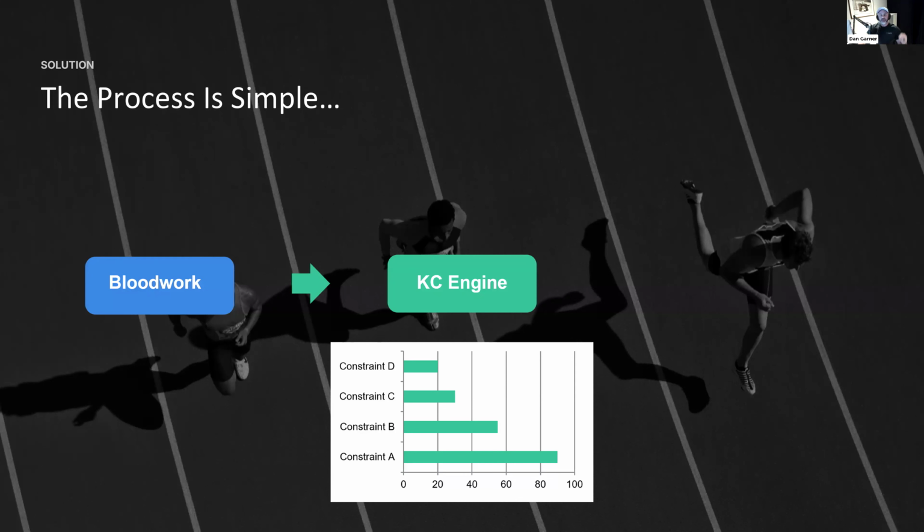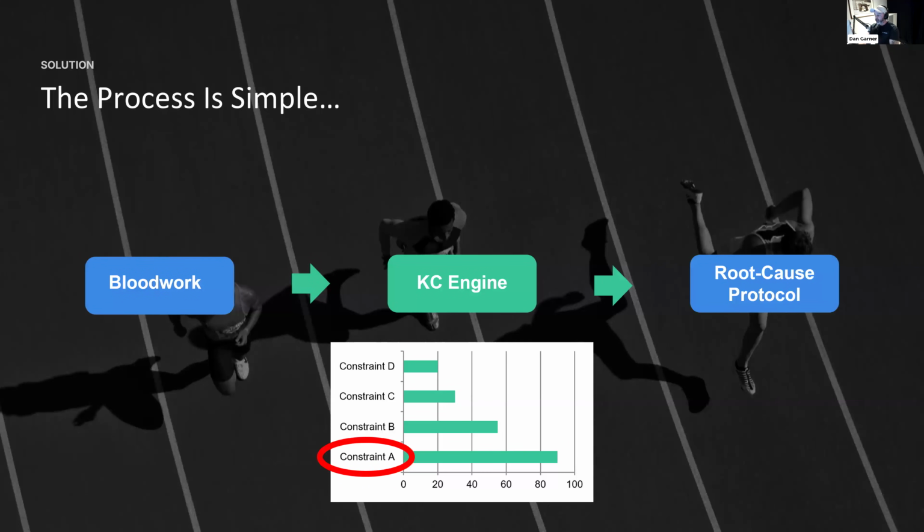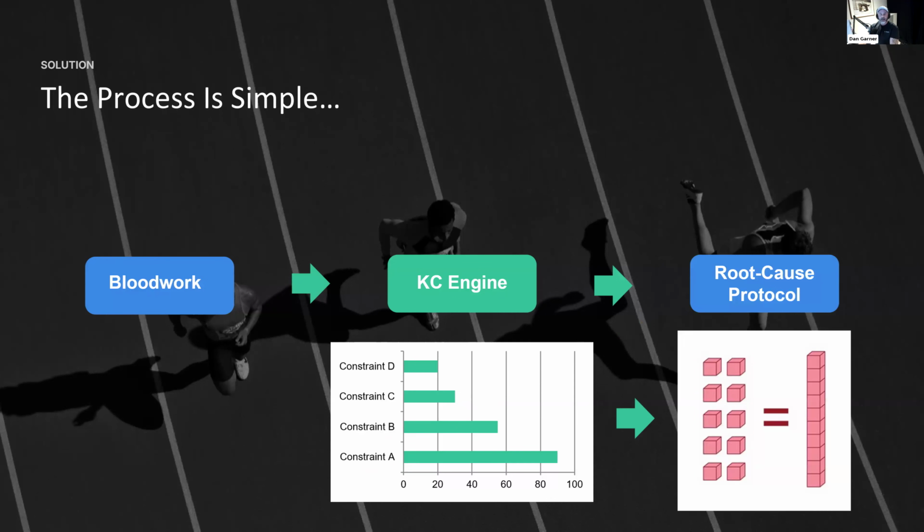All of these things, based on your intake but also your blood, are working towards identifying a weighted constraint model. What is maximally holding this person back, utilizing the theory of constraints across their physiology? Here, as an example, constraint A is identified as the largest weight, which leads to a root cause protocol, which then allows you to transform 10 recommendations into one.